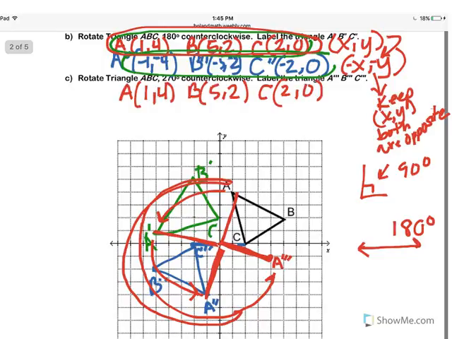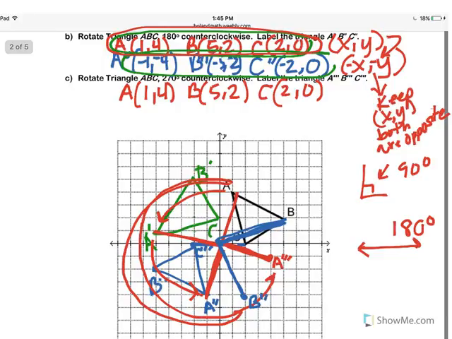So with B, you would look at it the same way, through the origin. And so B would now be, if we drew our L shape, down here. So this would be B prime prime prime.